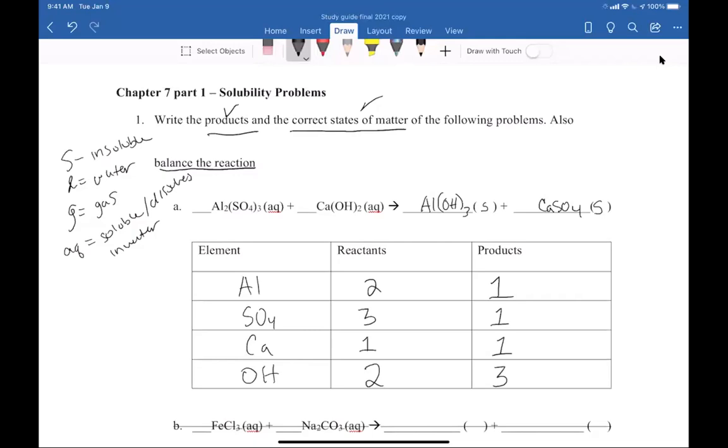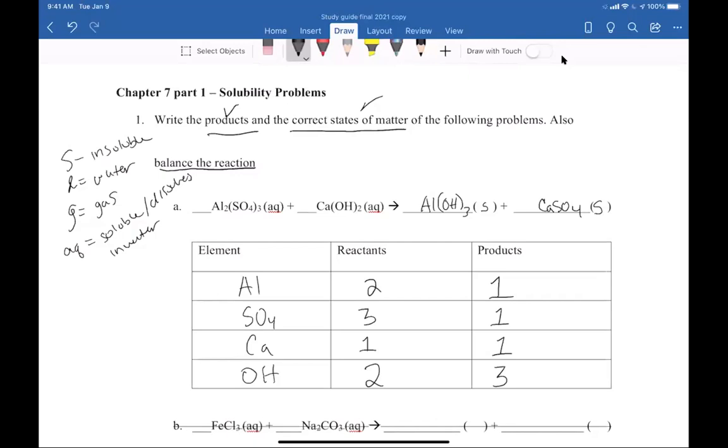Can anybody think of what's the least common denominator? This is basic math, guys. 6, exactly. The least common denominator is 6, which means that for OH we need 6 on both sides. What number can we multiply 2 by to get to 6? 3, exactly.